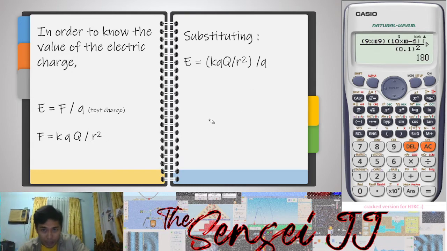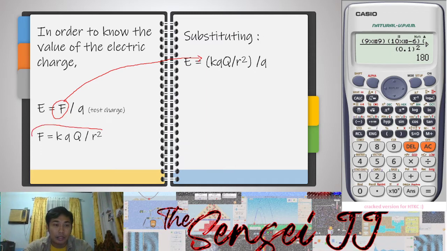Okay. So by substituting, as you can see, guys, eto, yung F natin dito, nung napunta siya dito sa substitution part, ang ipinalit natin sa kanyang value is etong ating formula ng F. Formula of F is kQq all over r squared.